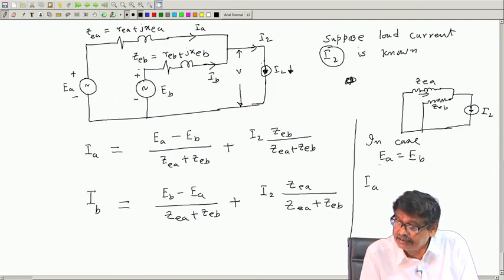So, IA in case EA equals EB will be simply JDB divided by JDA plus JDB into the total load current I2, and IB will be equal to JDA divided by JDA plus JDB into I2.